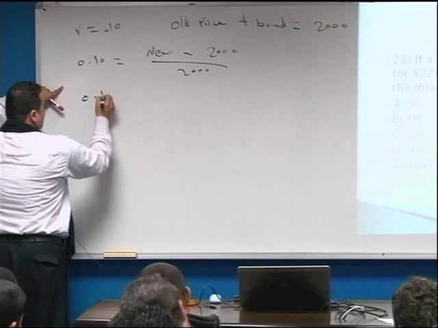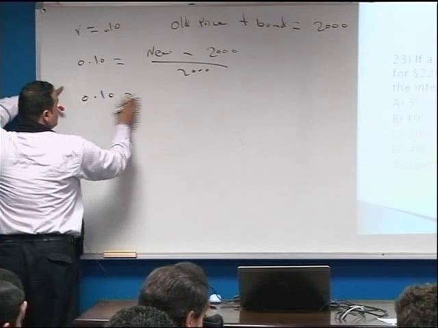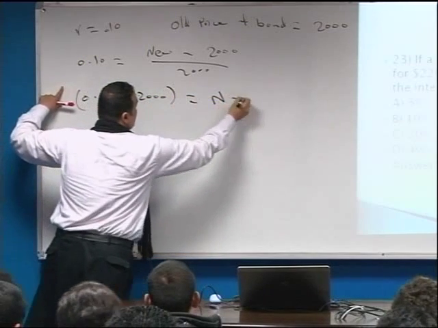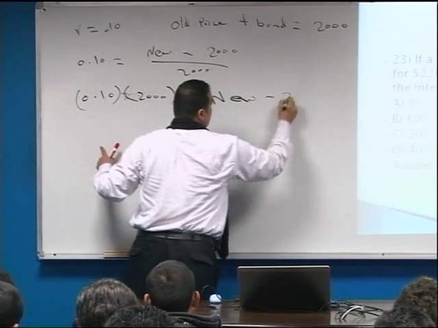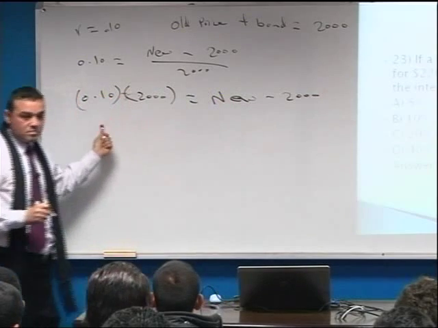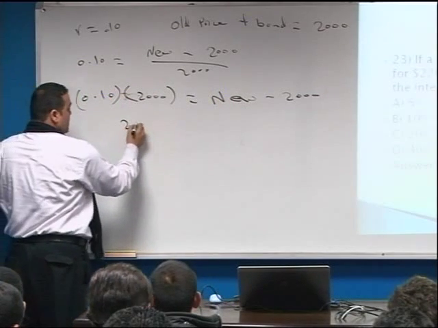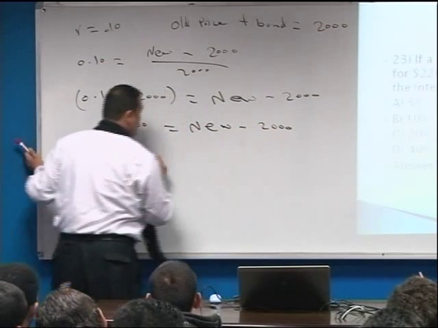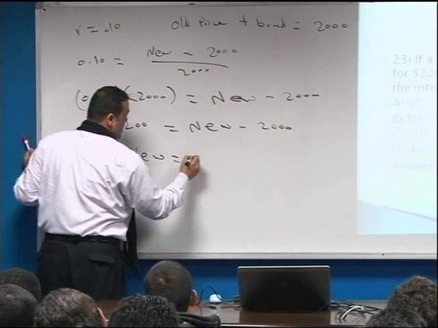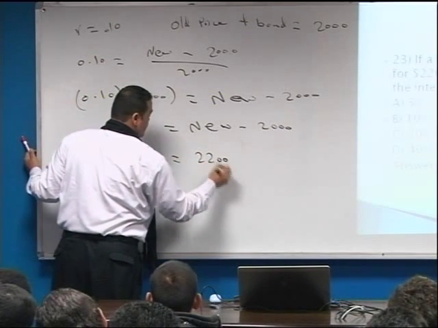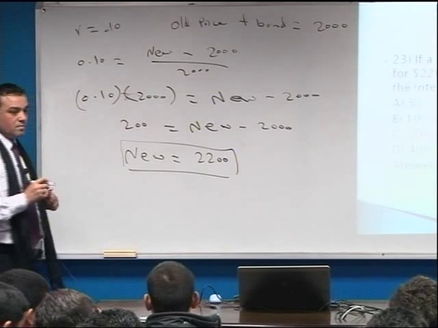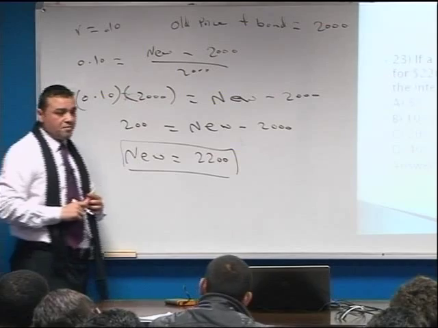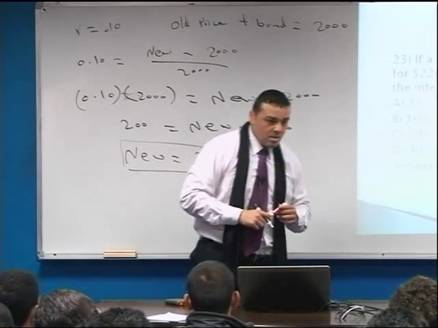So 0.1 times 2,000 equals the new minus 2,000. So 200 equals the new minus 2,000. So the new equals 2,200. That's it. Of course, this is the formula. You have to use the following formula to reach the correct answer.